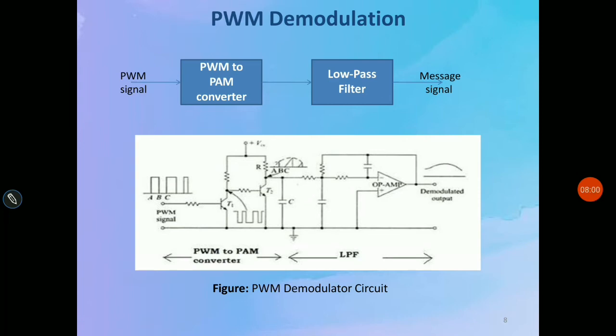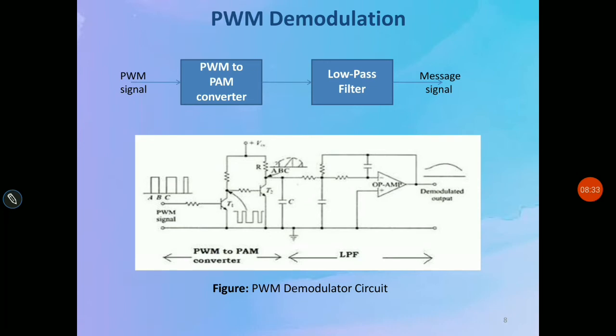After receiving this PWM signal, it changes it into a PAM signal, and then this PAM signal is passed through the low pass filter, which gives out the original modulating signal or message signal. Now I will describe how this PWM demodulator circuit works.